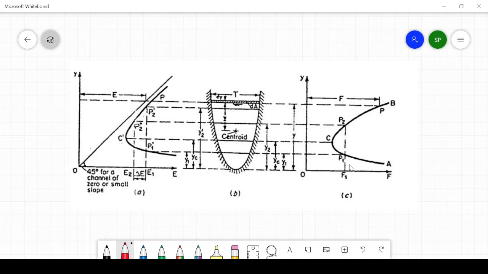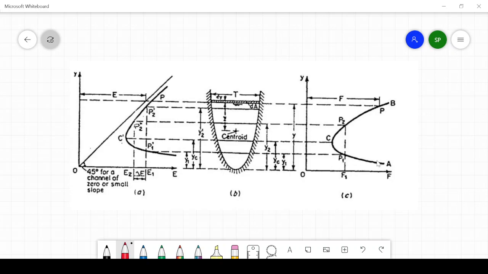But this depth is named your sequent depth, not alternate depth. You will get this sequent depth in a hydraulic jump. When we discuss hydraulic jump, then you will know what sequent depth is. Just remember the name now. In specific energy you get alternate depth, but in specific force you get sequent depth.